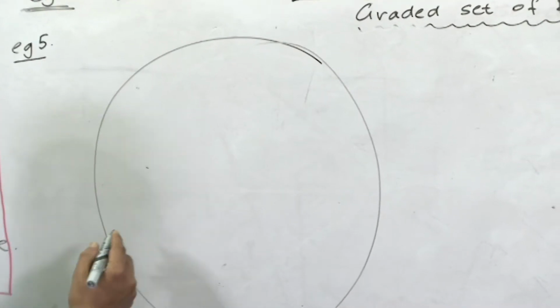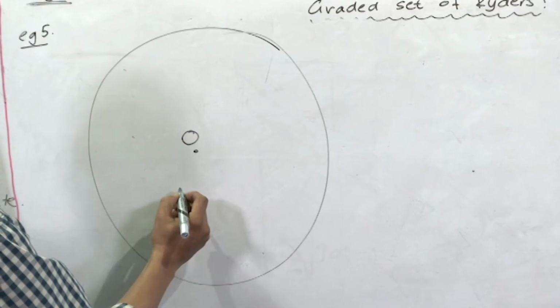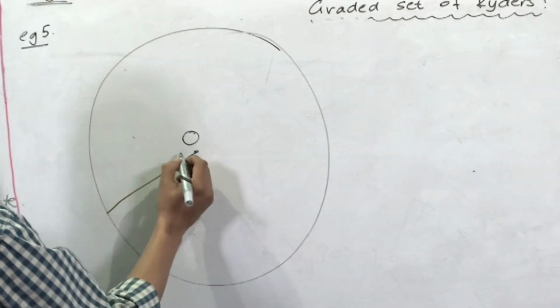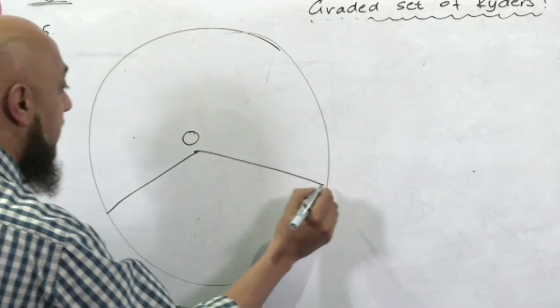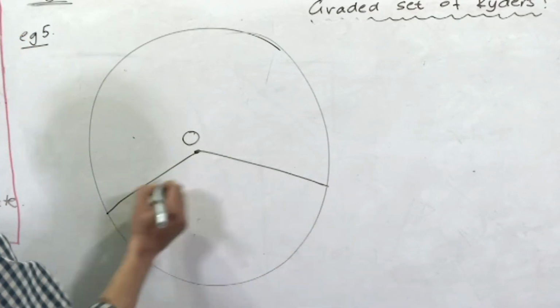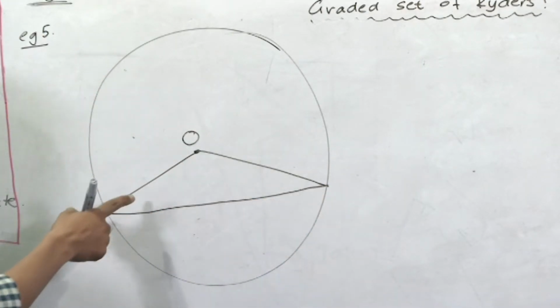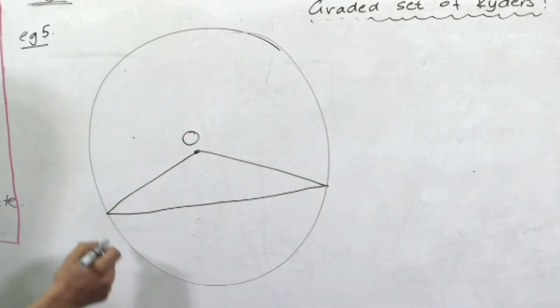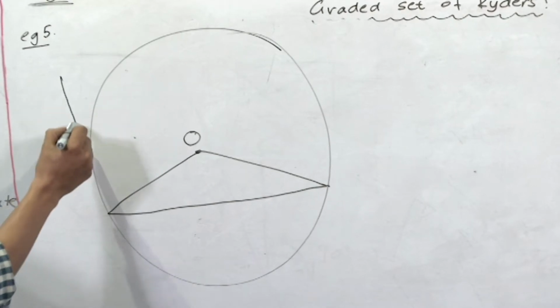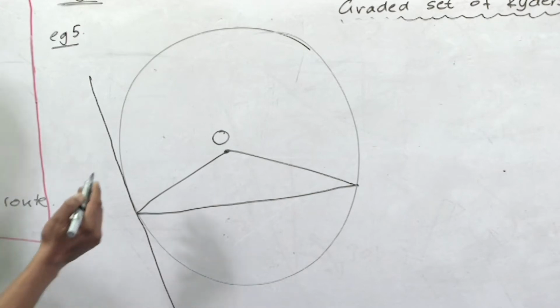There's a circle. We've got O being the center of the circle as usual. We've got a line going down this way, a line going down that way, and we've got 2 radii. Then we've got a line joining those 2, so we've basically got a triangle there. We've also got a tangent passing at that point and continuing this way.